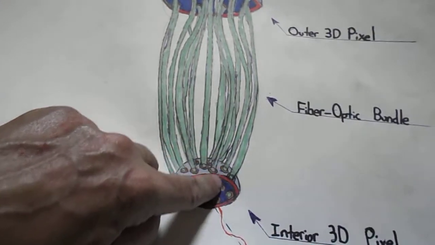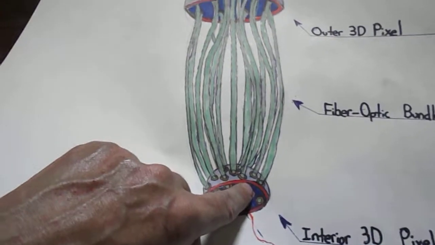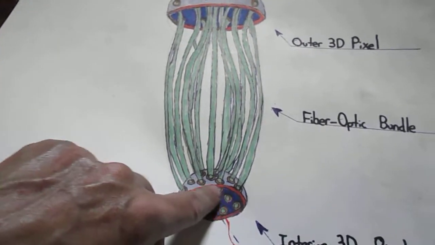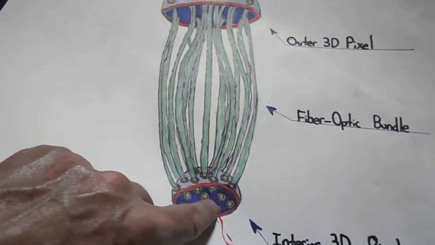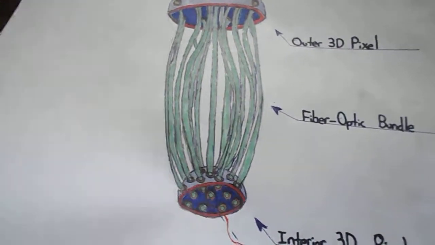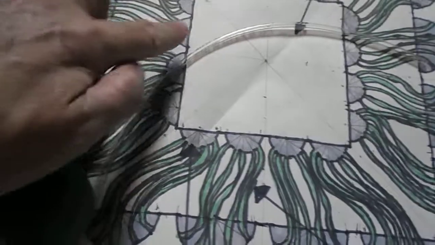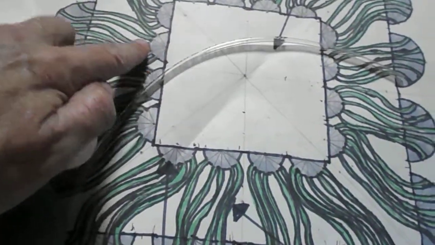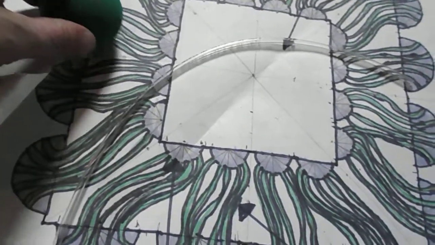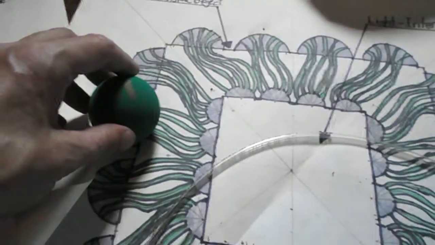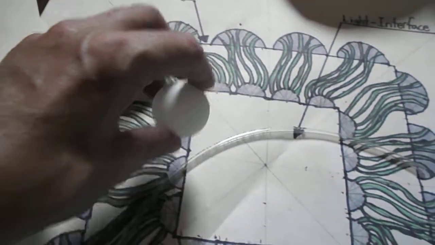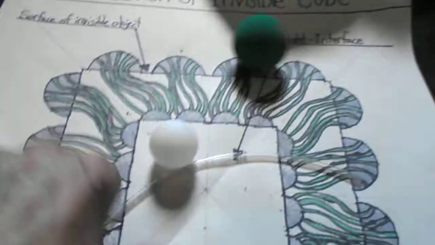And this is the half sphere ping pong ball, and that connects to the surface of the light interface. This is the outer picture element when cut in half, done properly, and this is the inner picture element. And this is the tubing.